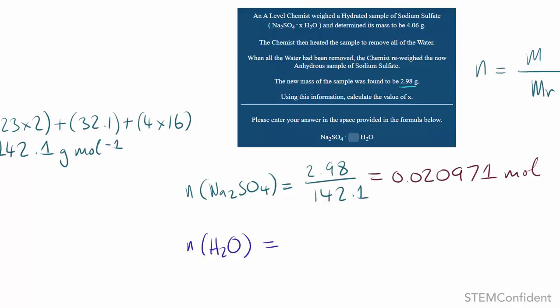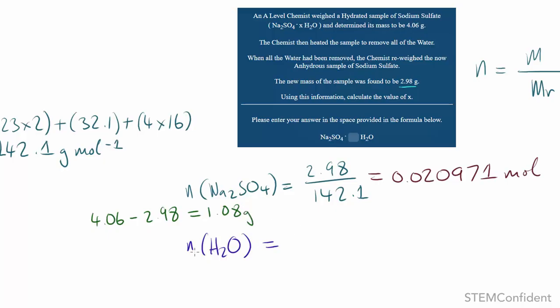The difference between the two is of course due to the loss of H2O. So to work out the H2O, we can just do 4.06 minus 2.98, which is equal to 1.08, and that's going to be in grams.